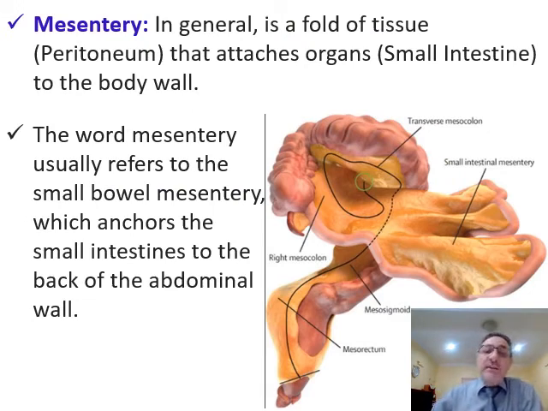In general, it is a fold of peritoneum that attaches organs, which is the small intestine, to the body wall. You see here the small intestine, and this is the mesentery, its free end attached to the wall of the intestine, small and large intestine and rectum, anchoring this to the posterior abdominal wall.